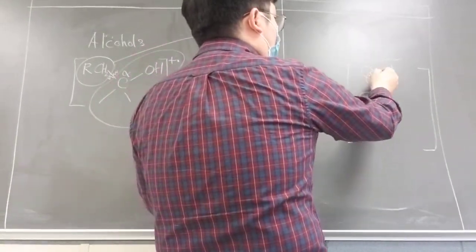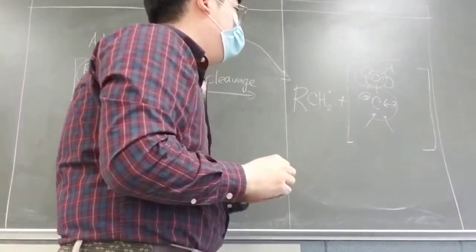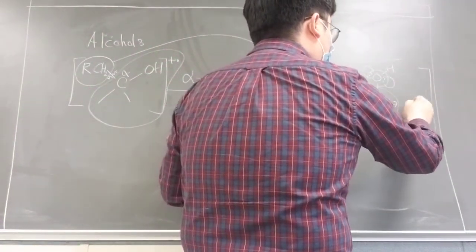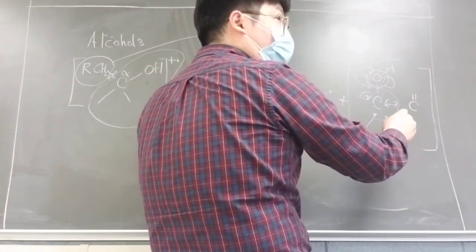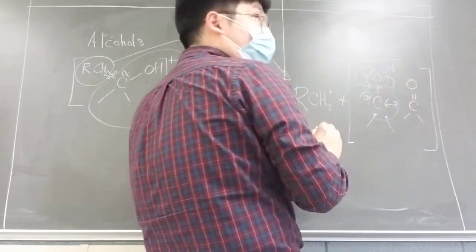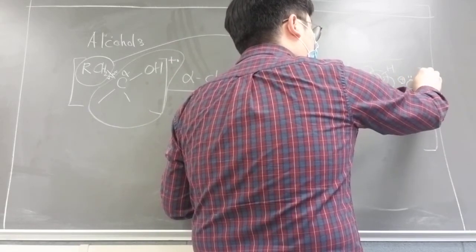You can also look at the resonance structure, because one of the lone pairs can be donated into this bond to make a double bond. The carbon will be happier with more electrons. The charge will go to the oxygen, because the oxygen now has only one lone pair.